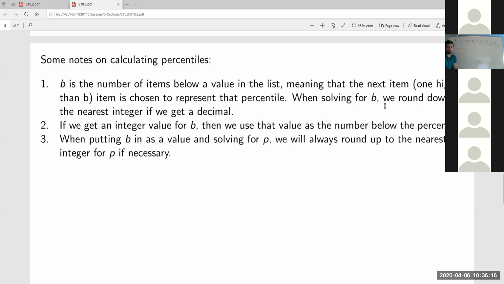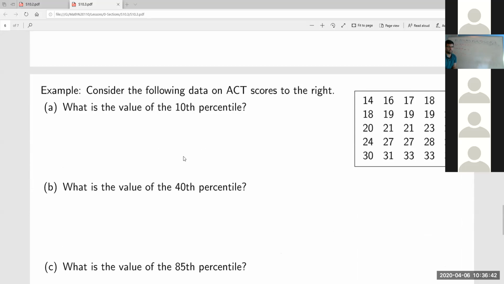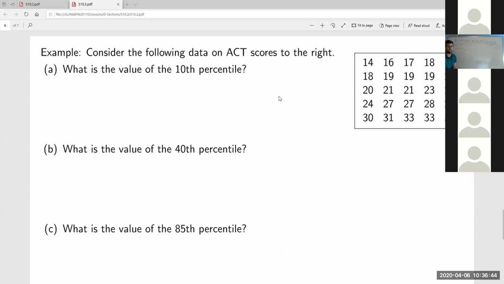When solving for B, we round down to the nearest integer if we get a decimal. If we get an integer value for B, then we use that value as the number below the percentile. If I'm putting B in as a value and solving for P, always round up to the nearest integer for P. So lots of silliness, but let's look at it this way.